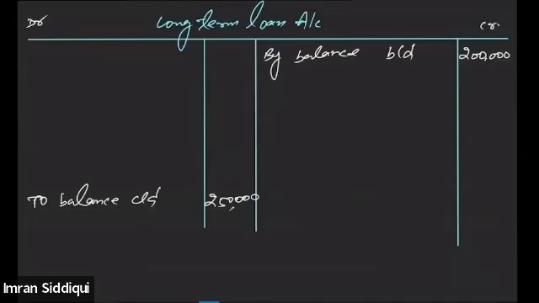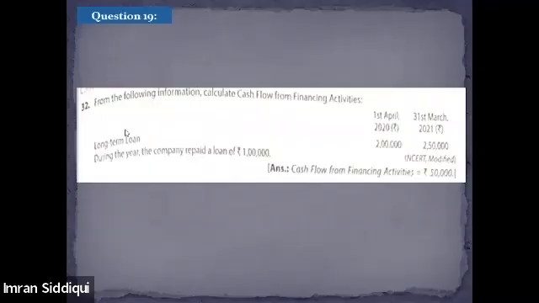It further says that we repaid some amount. We have repaid 1 lakh, so that needs to be written on the debit side as well, because there is a reduction in the liability, and whenever a liability reduces, we write that on the debit side, by bank account. This indicates repayment. 1 lakh has been repaid. This is the information which is given in the question.